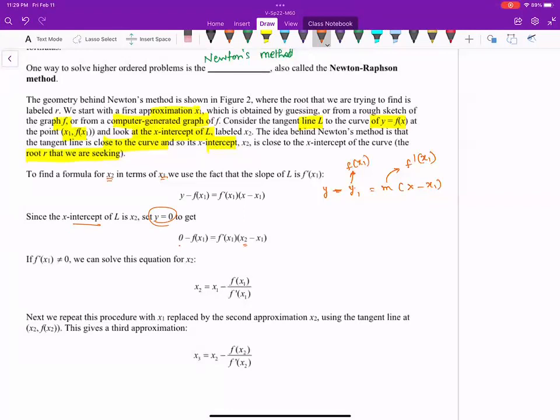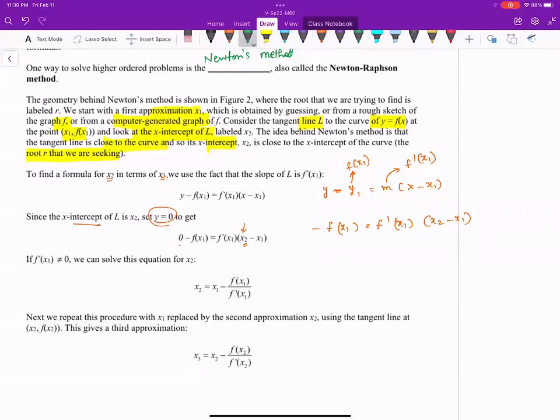Then we want to see where the graph crosses the x-axis. Wherever the graph crosses the x-axis, which is the x-intercept, we will consider that to be x2. If you label that x2 and solve for x2 in this equation, f of x1 equal to f prime x1 times x2 minus x1.